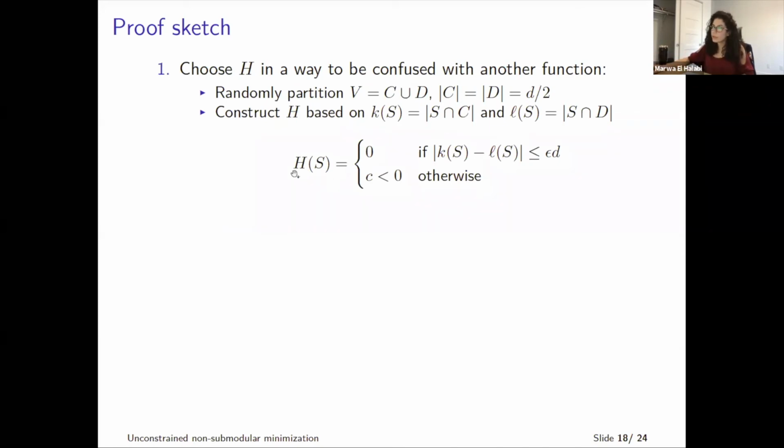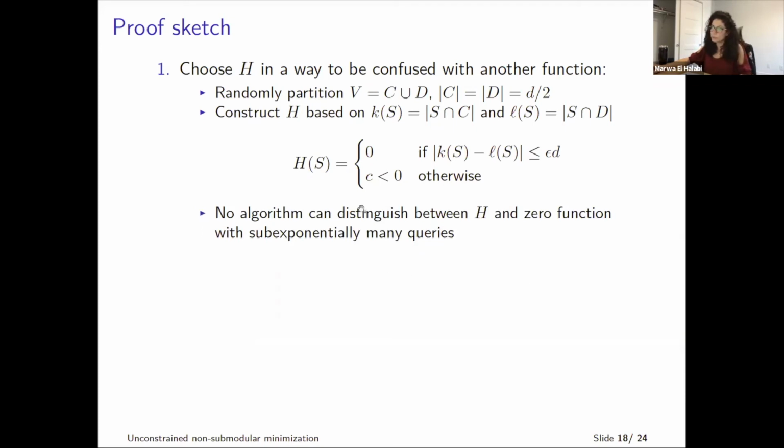The value of h will be 0 if the set S has a similar number of elements in C and similar number of elements in D, so it's called a balanced set. Otherwise, it's some other constant which is negative C, and I will tell you what it is. But the important thing is that it's some negative constant.